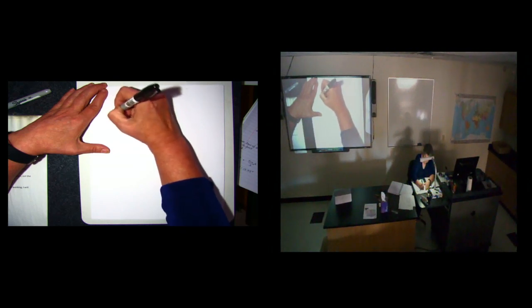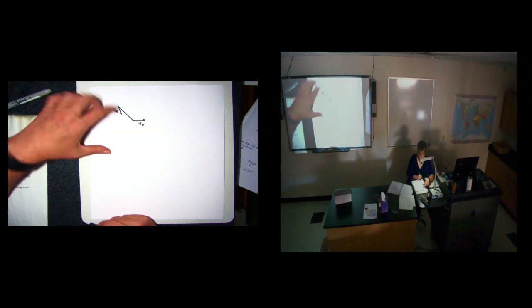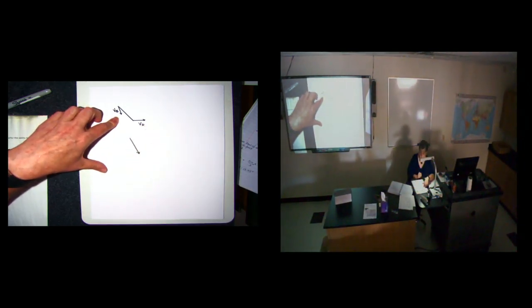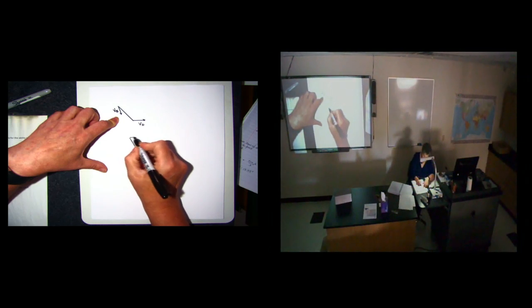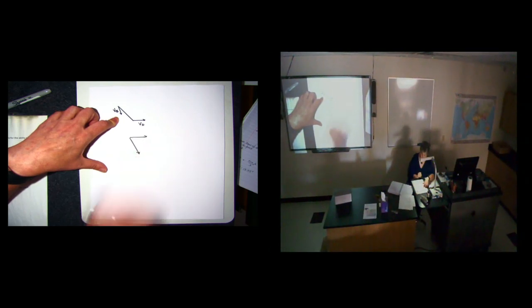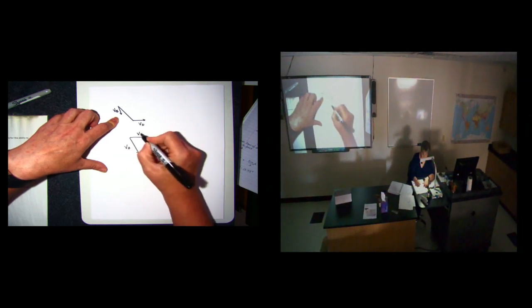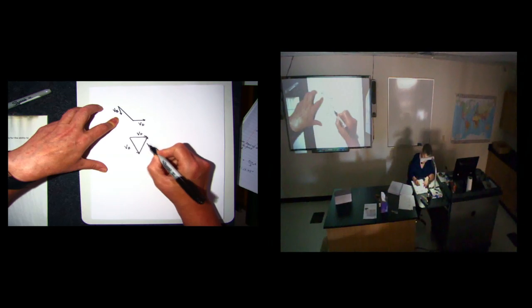From the horizontal to here, we've already figured out that that's 50 degrees. Which means that this is 50 degrees. Right? If I make that a right angle, right there, that makes that 40 degrees.